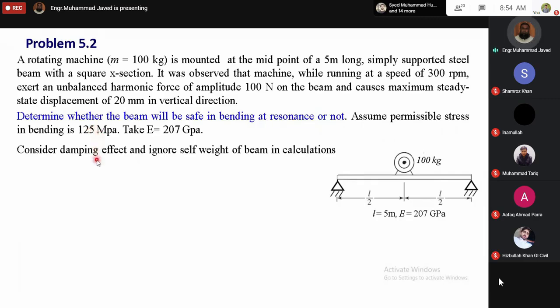Consider damping effect and ignore self weight of beam in calculations.